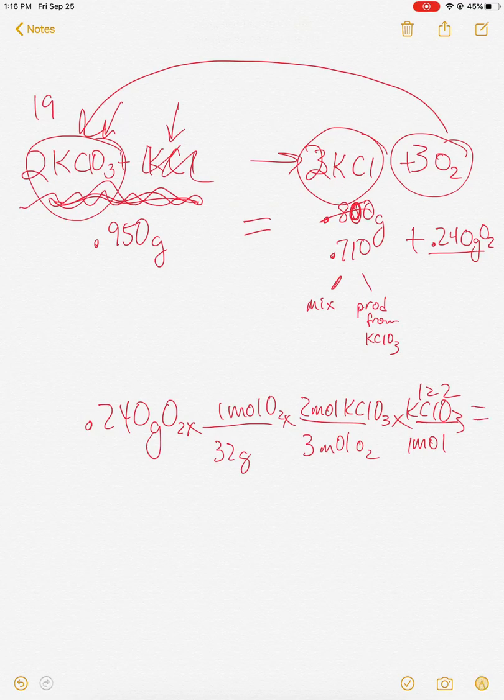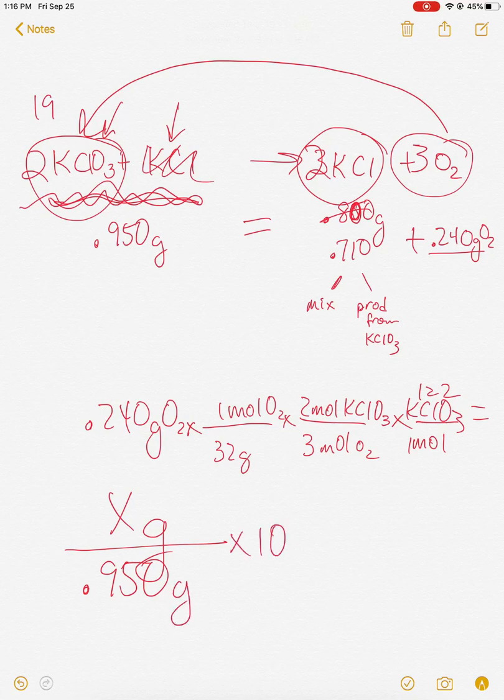Okay, so you get some number of grams there, whatever you get, from that answer, divided by the mixture number, multiplied by 100, and then you get your percentage.